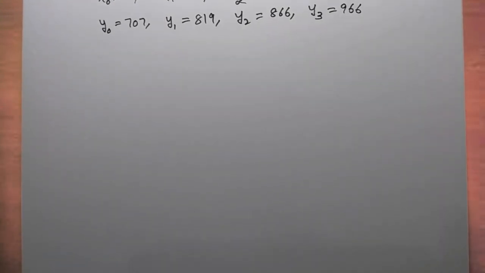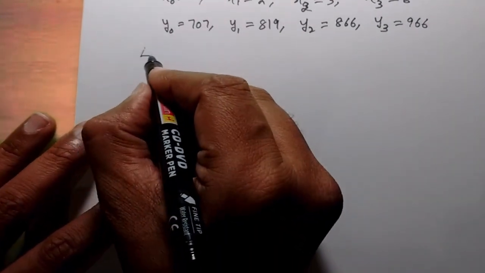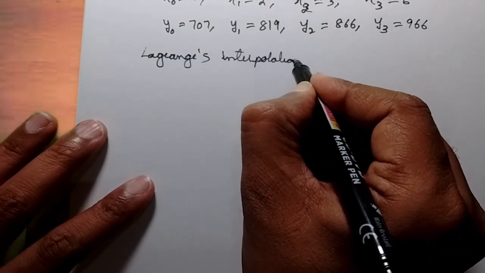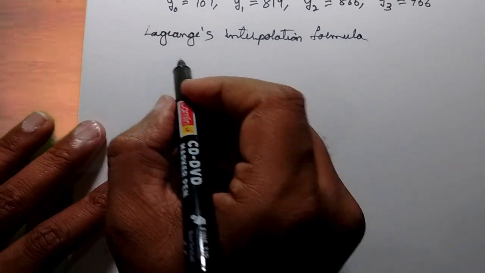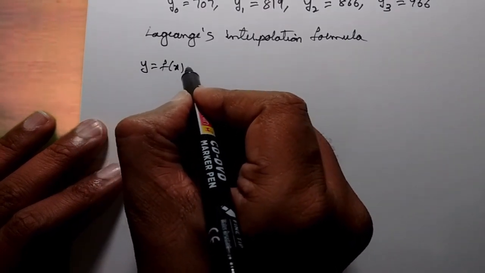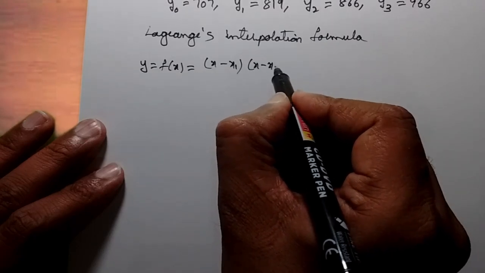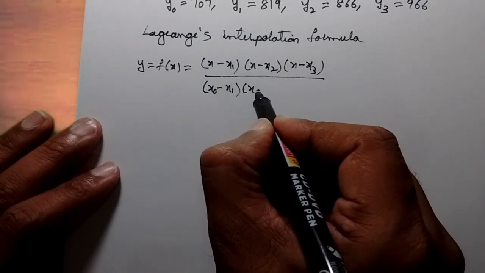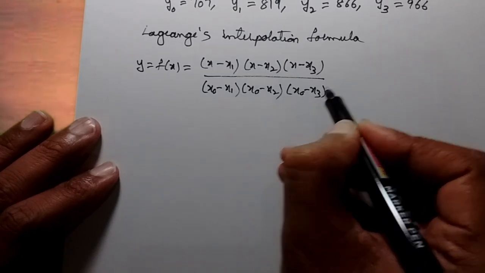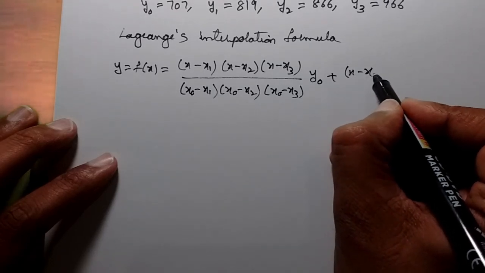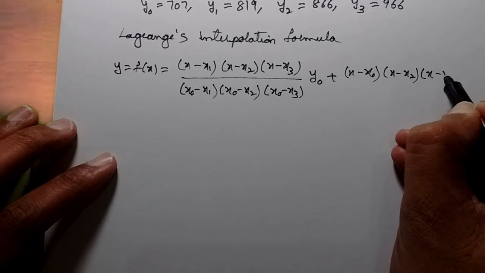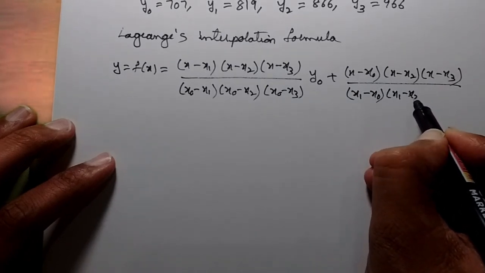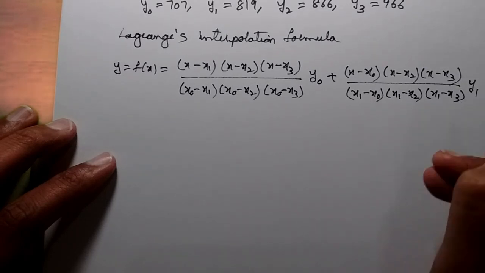The Lagrange interpolation formula will be: y is equal to f of x is equal to (x minus x1)(x minus x2)(x minus x3) whole divided by, x0 is missing, so (x0 minus x1)(x0 minus x2)(x0 minus x3), times the corresponding value y0. Then (x minus x0), x1 will be missing, so (x minus x2)(x minus x3), because x1 is missing, replace x by x1: (x1 minus x0)(x1 minus x2)(x1 minus x3), times y1.